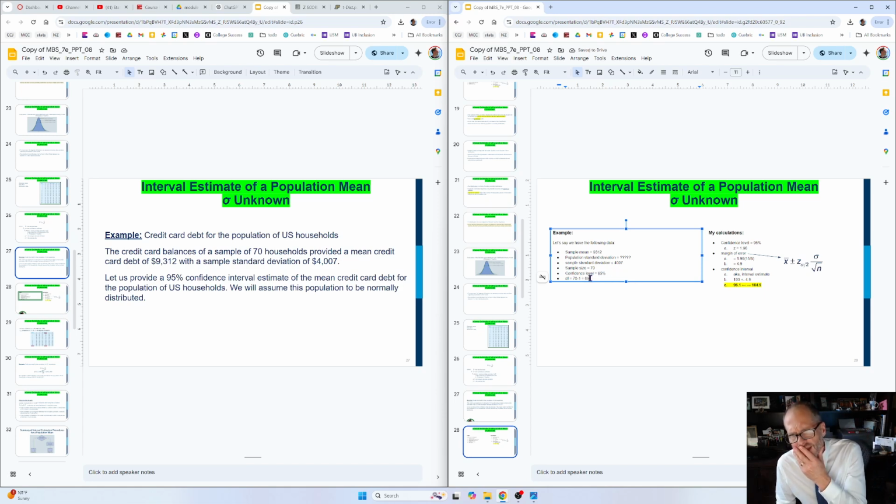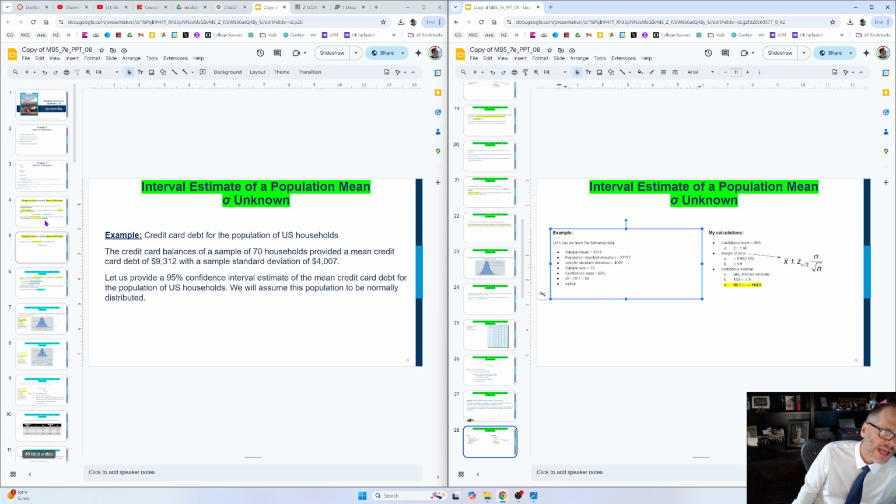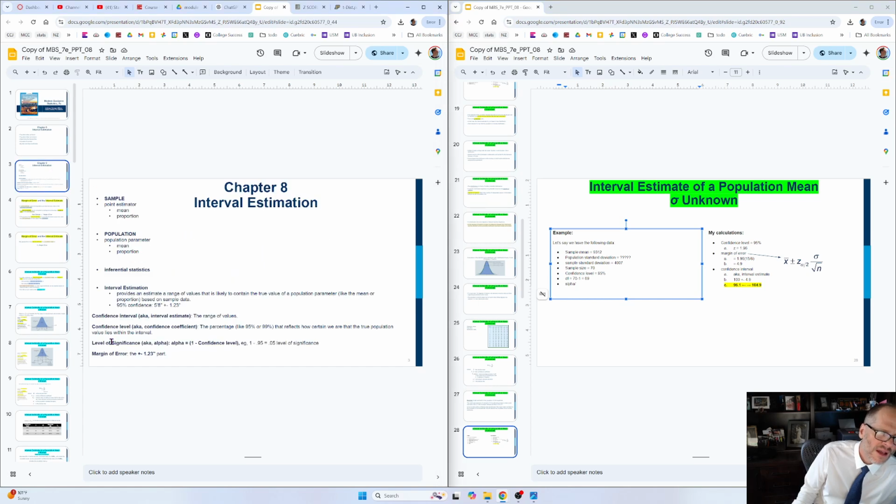And our tail is going to be alpha divided by 2. The confidence level is 95%, and our level of significance is alpha, so our level of significance will be 5%.